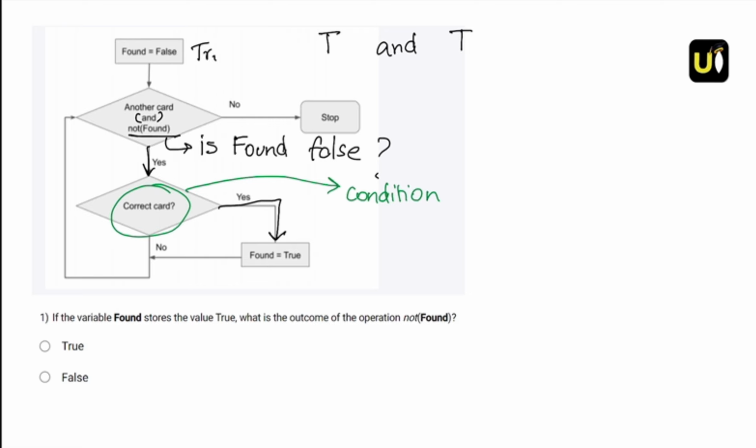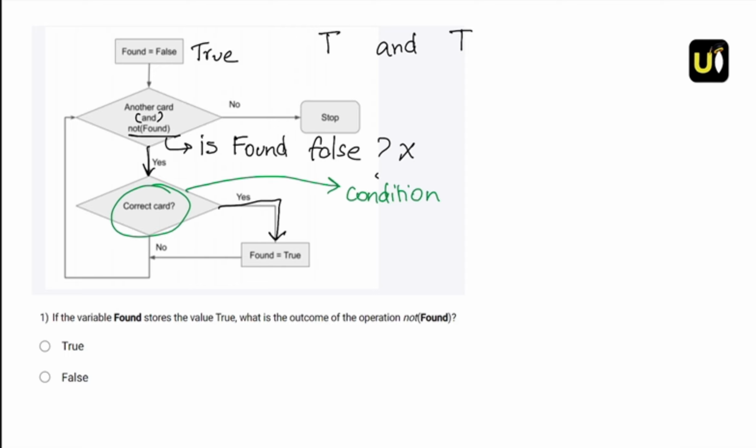And as soon as found becomes true, this condition doesn't satisfy. And there's an and operator here, so if either of the conditions fails to satisfy, then the loop stops. So this condition has to be true for the loop to stop.